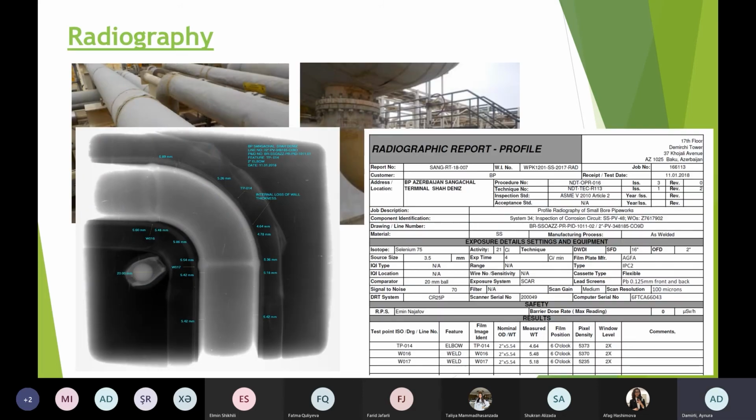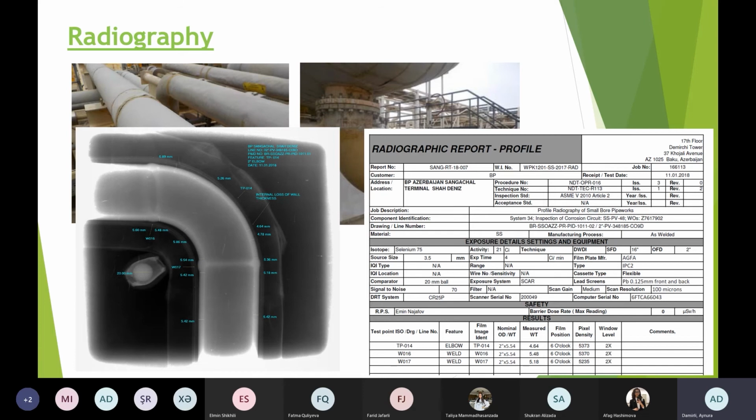Regarding radiography, this is similar to Röntgen. There is piping, for example, and we need to know what's happening. When we apply radiography inspection, similar to Röntgen, it shows the condition of the piping. You can see the wall, its inner and outer diameter, and the wall thickness.